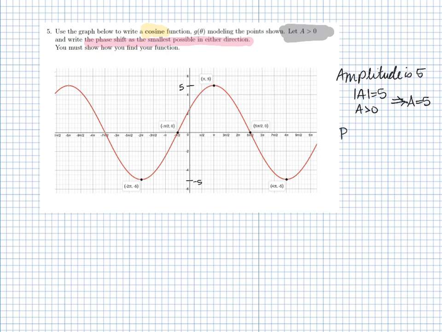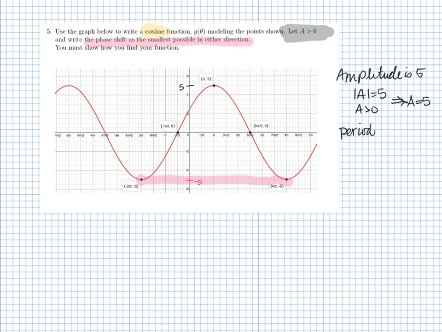Now, moving on to finding out the period of the function. We can either look from 2 consecutive valleys straight across. We can look from 2 consecutive mountains straight across, though we are not given the value of this, so that would be harder to do. We can, however, look across 3 different zeros, and the reason we don't want to look only from here to here is that notice this one is going down, well this one's going up, so that's not a full period.